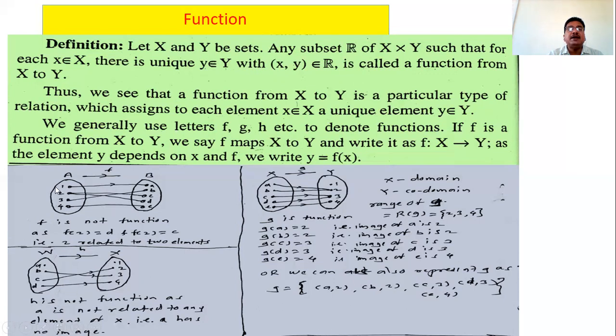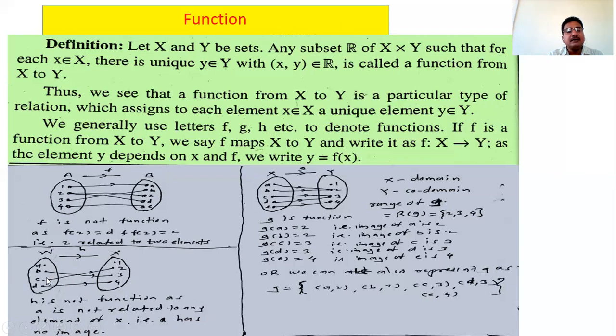But the each condition fails in this relation, because A is not related to any element of this X. That is, A is not related, and so the each condition has failed. A relation is called a function if each element of X, that is each element of this set, is related to a unique element of this set.